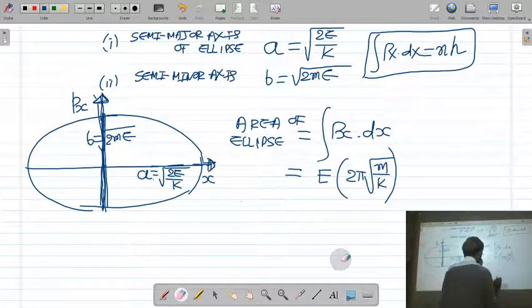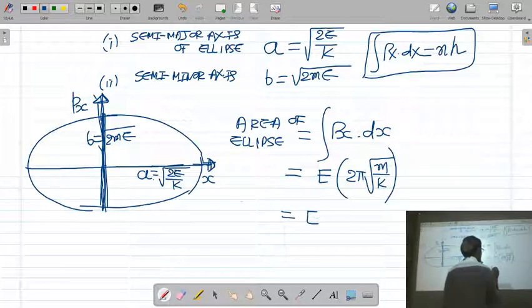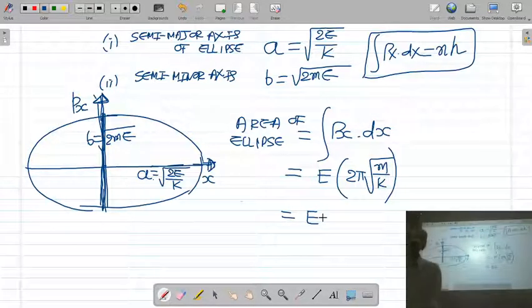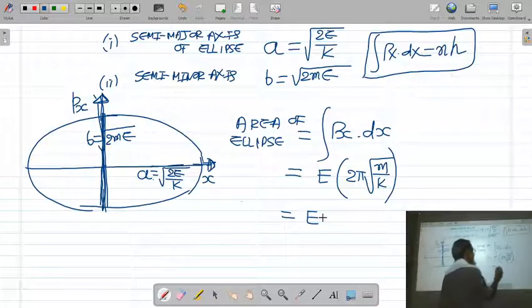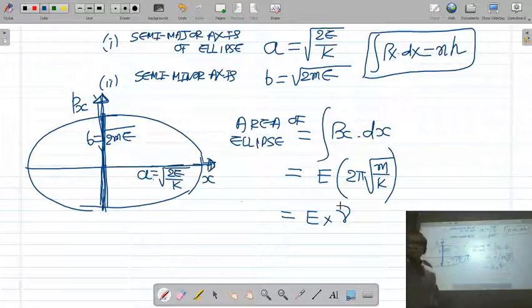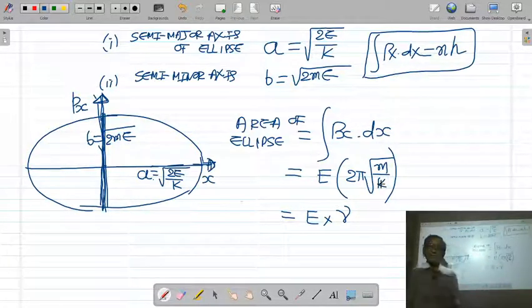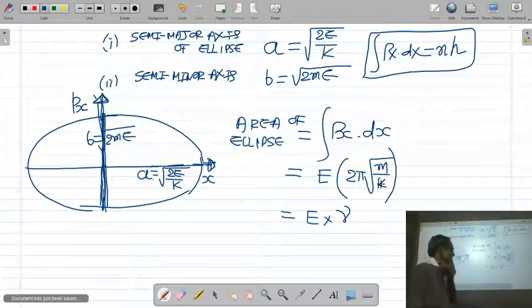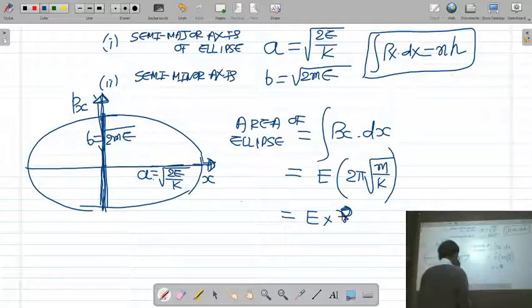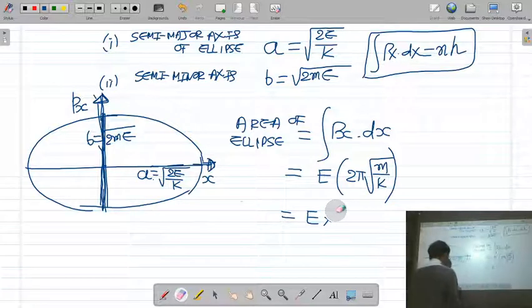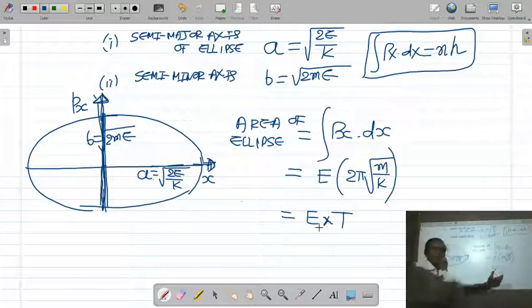This 2 pi under root m by k is nothing but the equation of frequency of oscillator. If you see the textbook of physics 11-12, you will find this equation. Sorry, that is the equation of periodic time T. So 2 pi under root m by k is the periodic time of the oscillator.